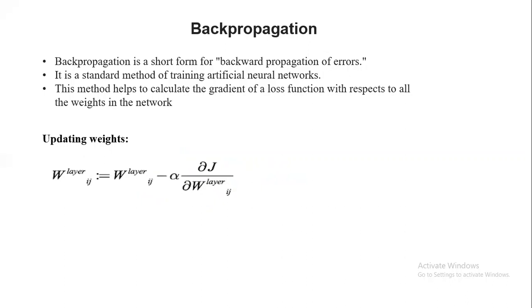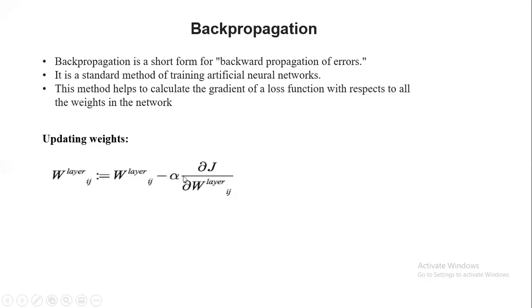This is the gradient descent update equation. So the weight update in a layer is equal to the weight that was previously there minus alpha into del J by del W, the derivative with respect to the weight in that layer.